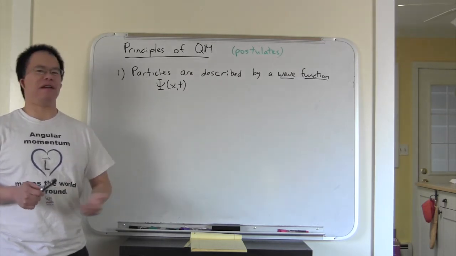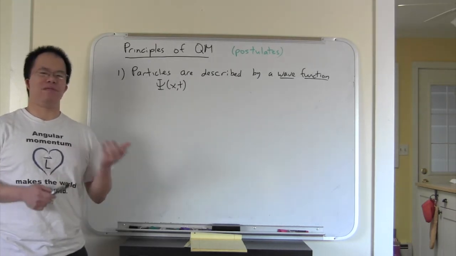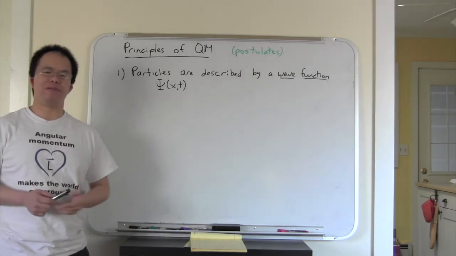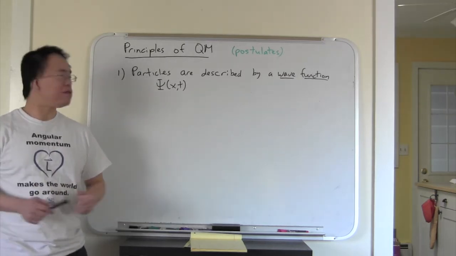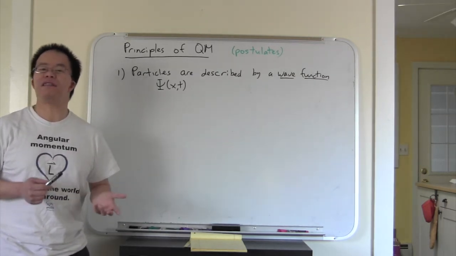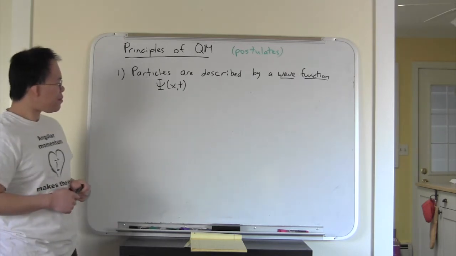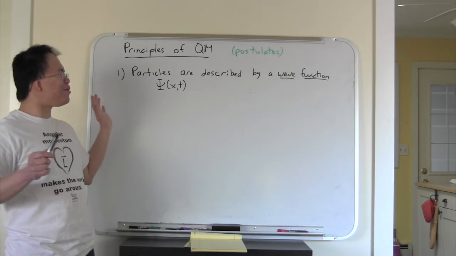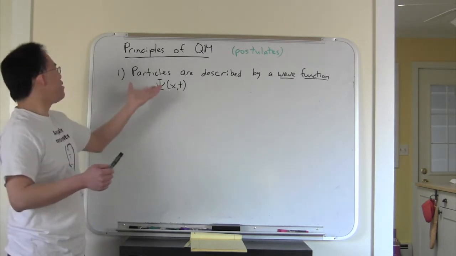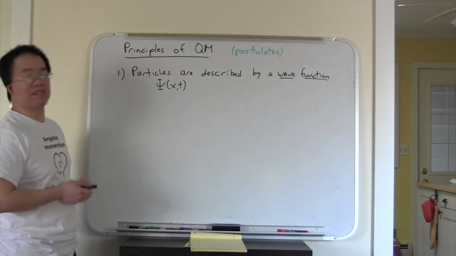We started off by thinking about the wave nature of matter, thinking about experiments like doing interference with particles, and thinking in terms of the wave-particle duality of matter as introduced by de Broglie. But that somewhat ad hoc reasoning can lead you to this set of postulates or principles.